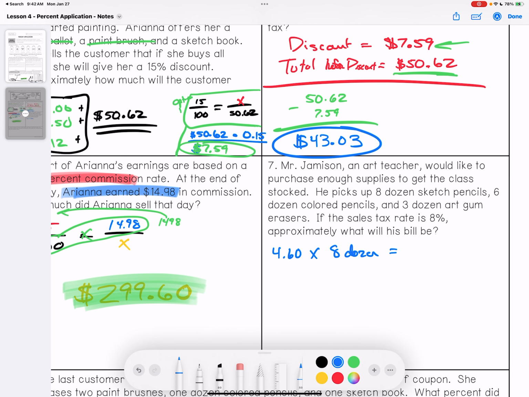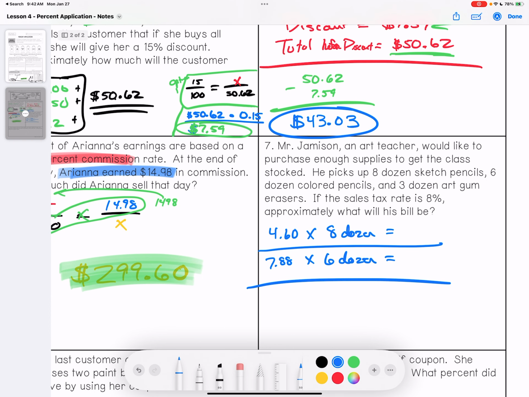Okay, that's going to give us sketch pencils. The color pencils are $7.88 a dozen times 6 dozen, which is he's getting. And then the last thing is art gum erasers, which are $6.54 a dozen. And he's getting 3 dozen of those.